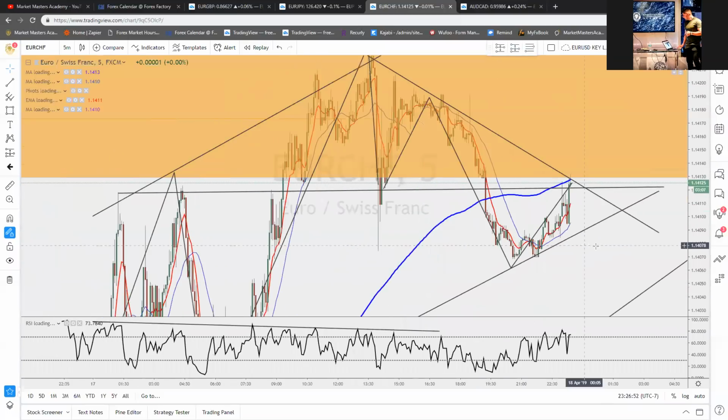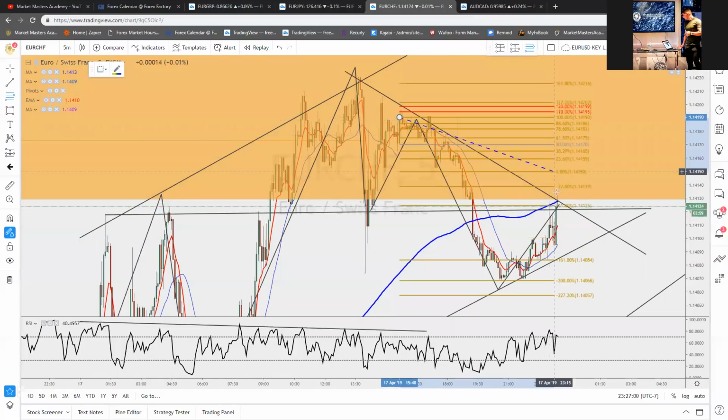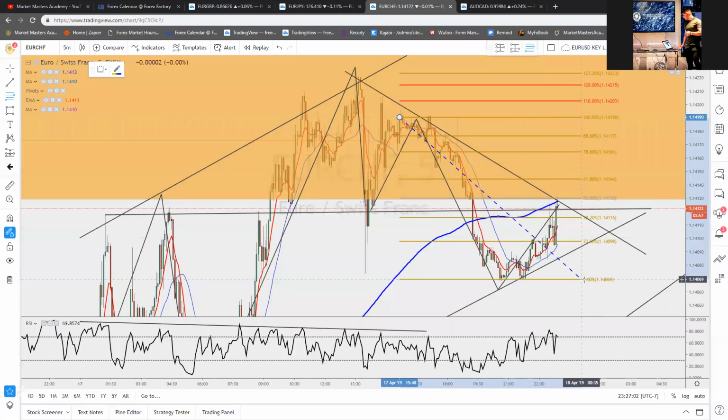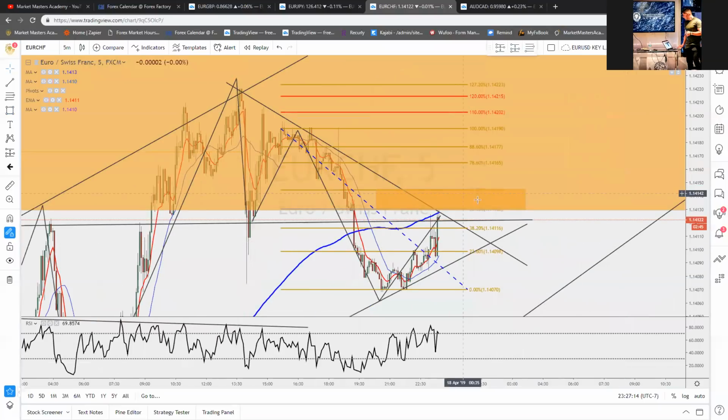Basically what I'll do is get my Fibonacci from the high, this top area, all the way down to the low. And now it's expected to hit the 61.8 or 50% level and then drop down.